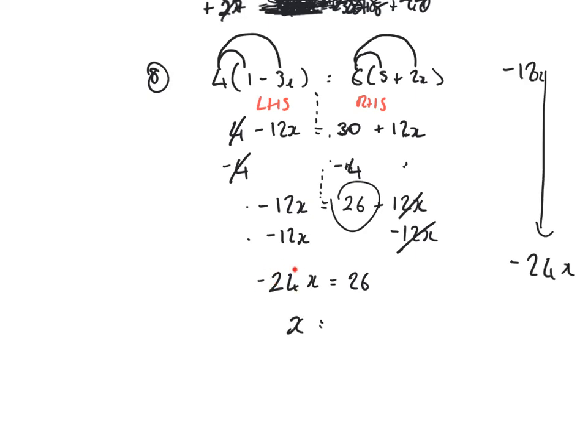Next move, bring the minus 24 down and divide. So it'll be 26 over minus 24. Okay, I won't get a whole number with that, but I can definitely divide top and bottom by 2, which will give me 13 over minus 12, the final answer.